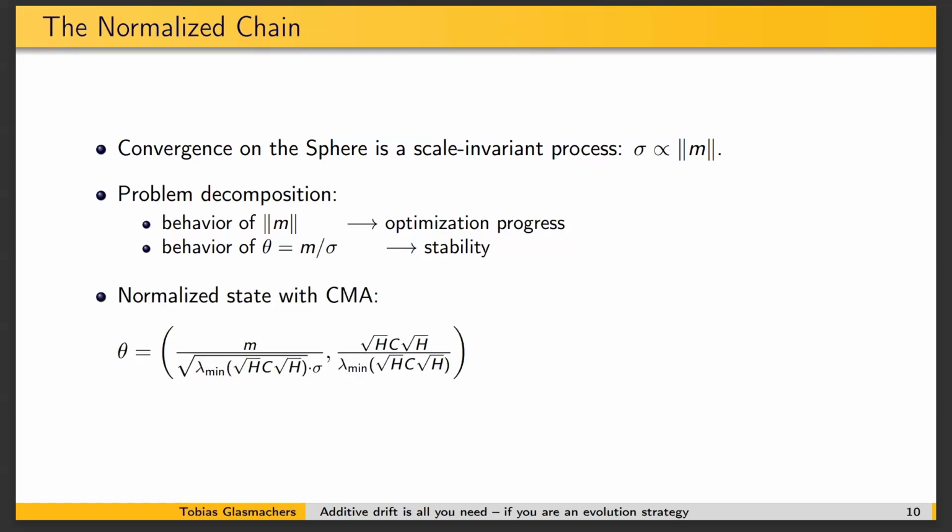If you do this with covariance matrix adaptation, it's a bit more complicated, but you can still recognize M divided by sigma over here. There's this nasty normalization term. And this term isn't actually that scary. So C is the covariance matrix. H is the Hessian of the problem. And if everything is well adapted, this is basically the identity matrix.